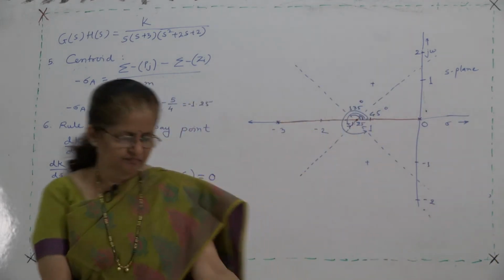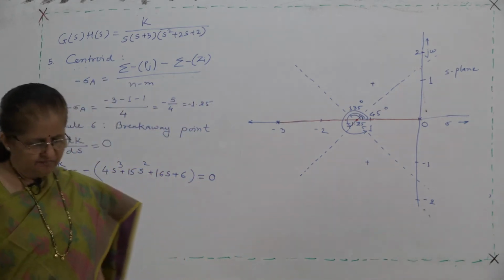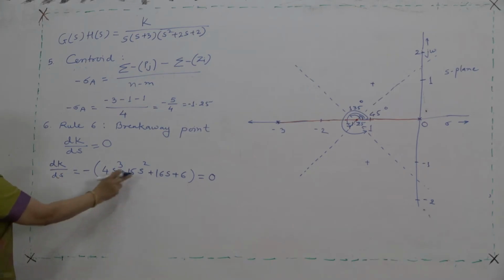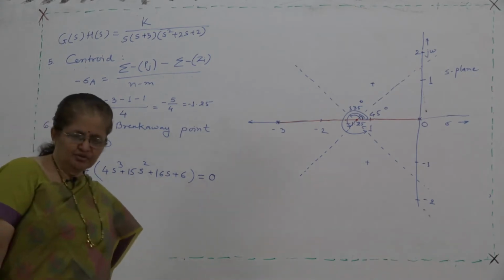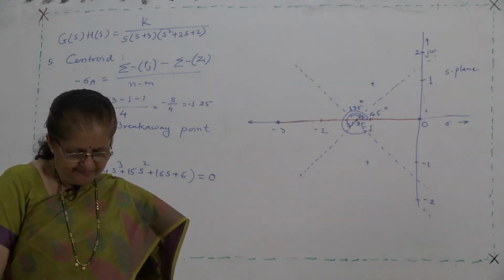So, find the roots of the equation. dk by ds is equal to 0.